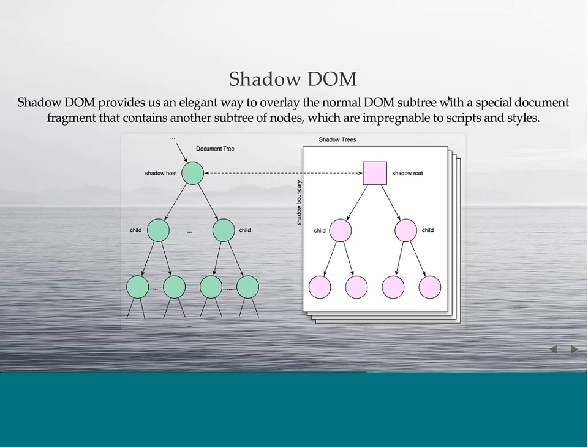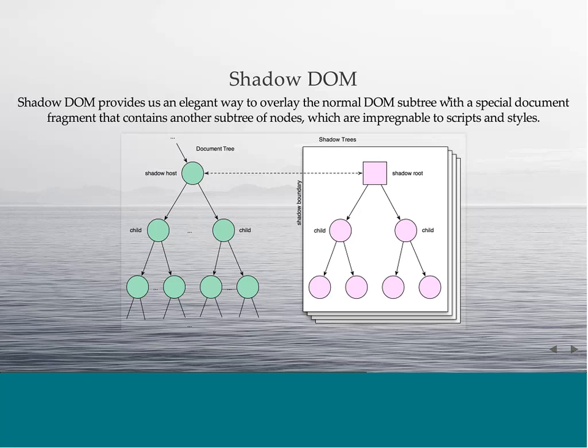The nice thing about this is that the Shadow DOM, like this example, creates a shadow boundary around that shadow tree. And so you can't go into the shadow tree and actually affect anything inside of it. This is mainly with styles.